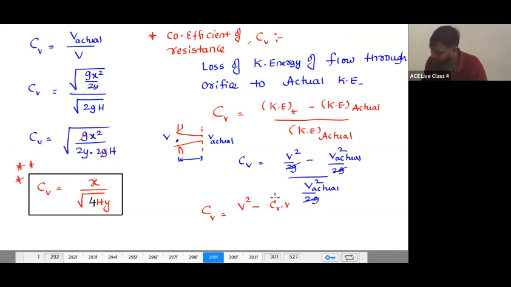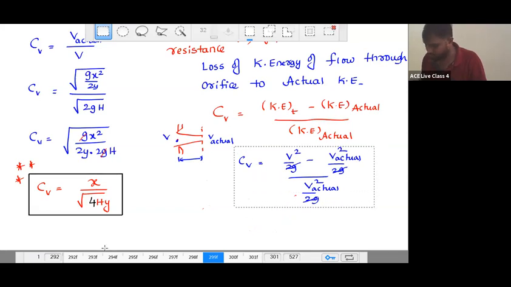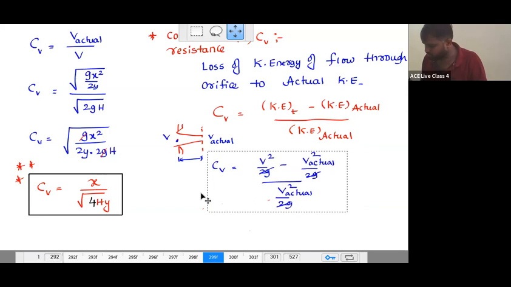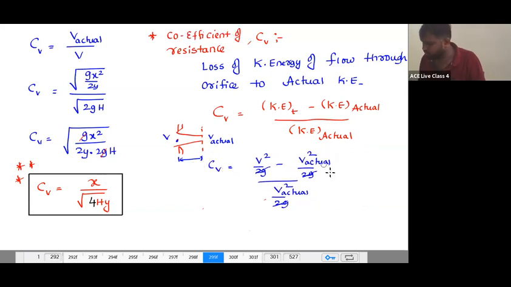So it is V square minus CV square V square by CV square V square. So why am I taking this one?